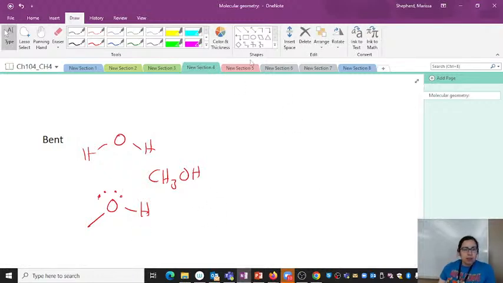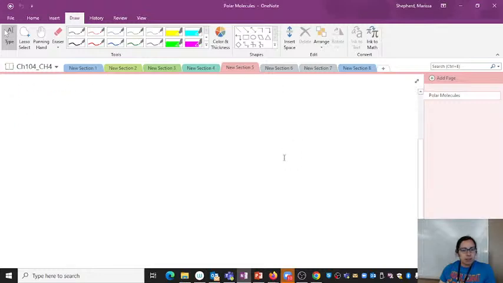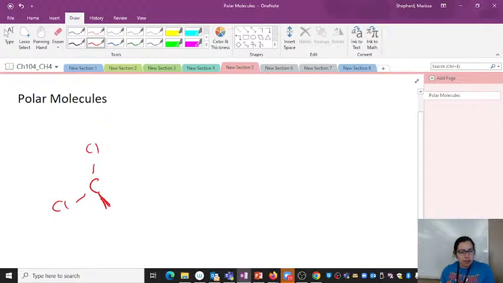But now let's talk about another concept, polarity, which is pretty related to our shapes. Let's compare carbon tetrachloride versus dichloromethane and see if we can determine which is polar and which is non-polar.